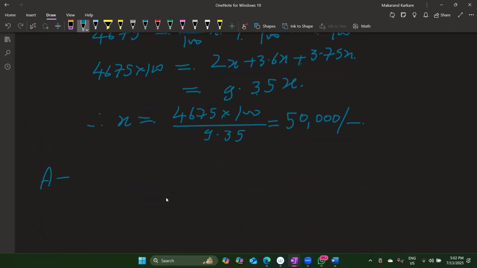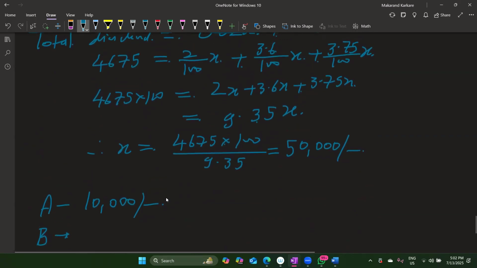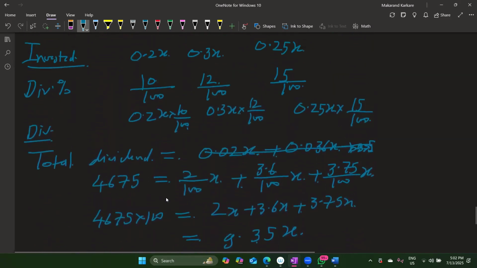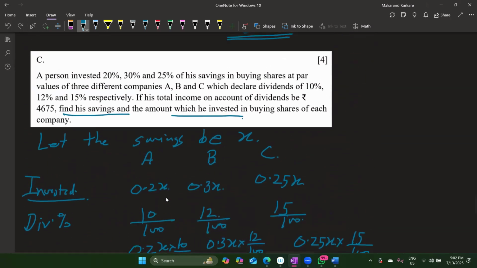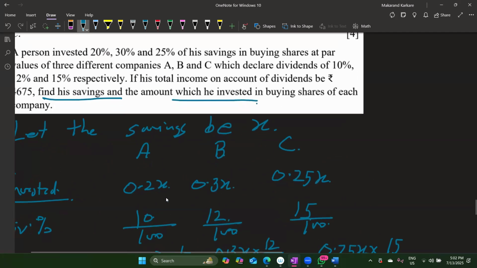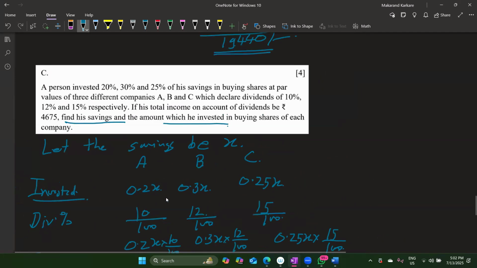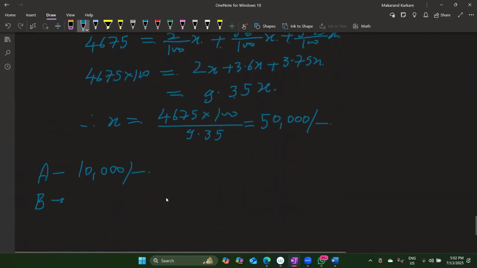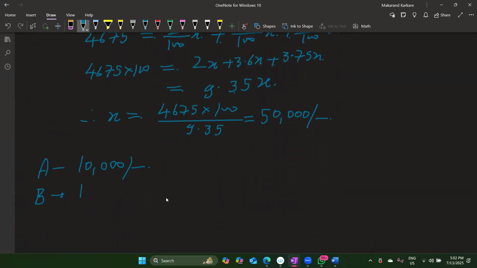So 20% of 50,000 is 10,000. B was 30%, sorry, and C was 25%. So B is going to be 15,000. And C is going to be 12,500.